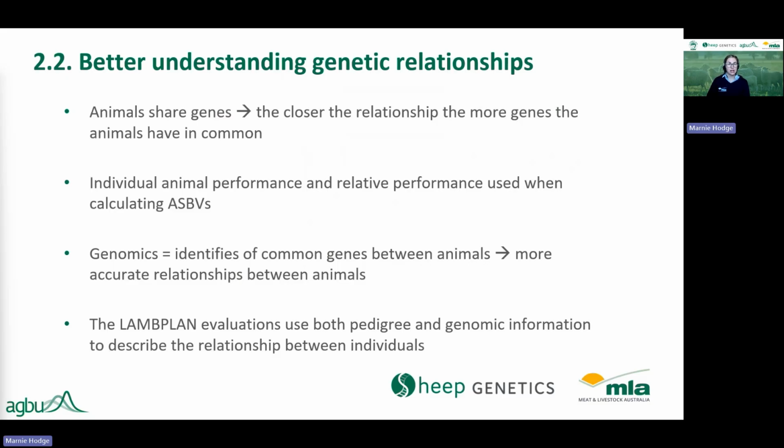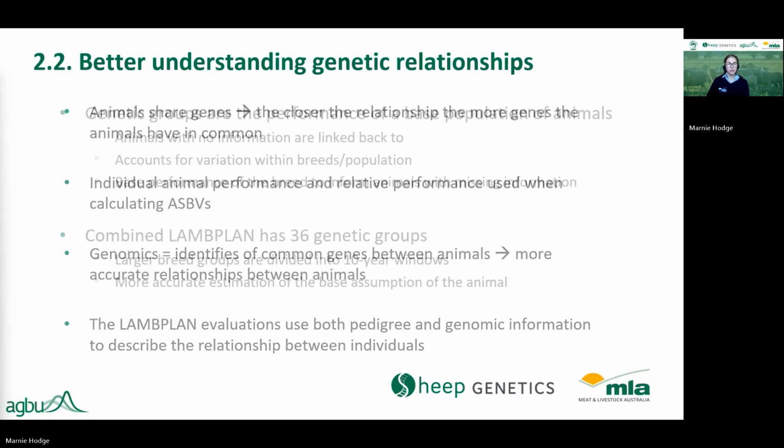So it enables the analysis to identify a more accurate relationship between animals. The land plan analyses, both the current terminal and maternal, as well as the combined land plan analysis, use both the pedigree information that breeders supply, as well as genomic or genotype information to describe the relationship between animals.